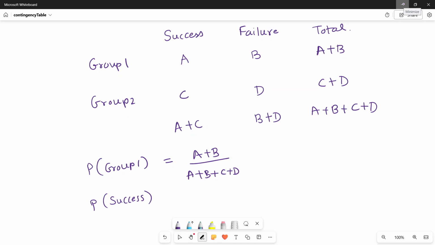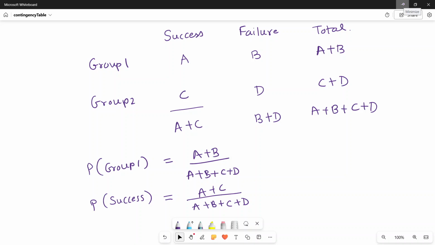For that, you take the total number of successes, that is A plus C, upon the total number of students, that is A plus B plus C plus D. This is simple probability.